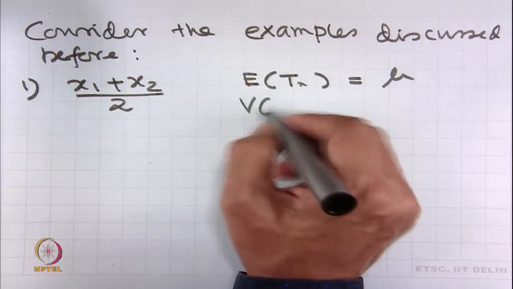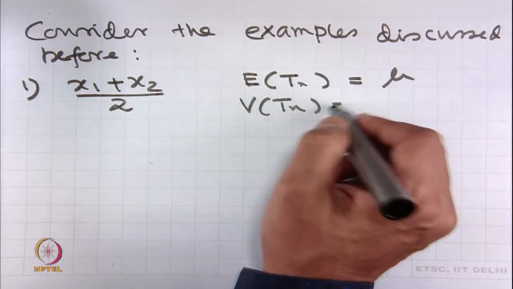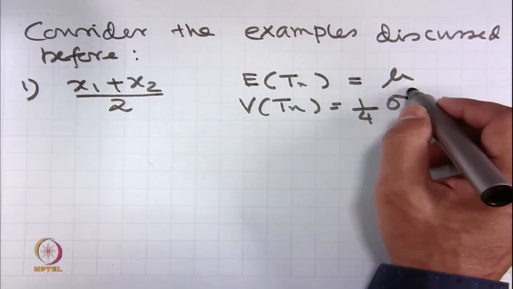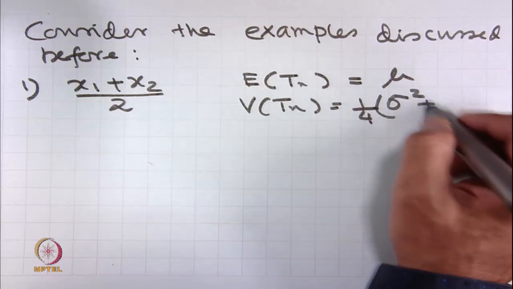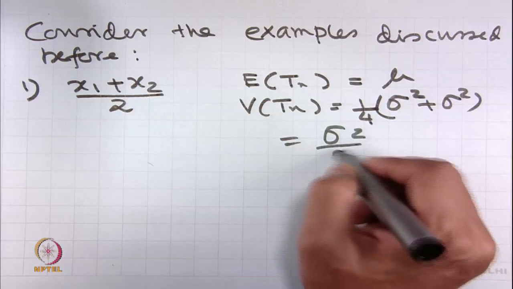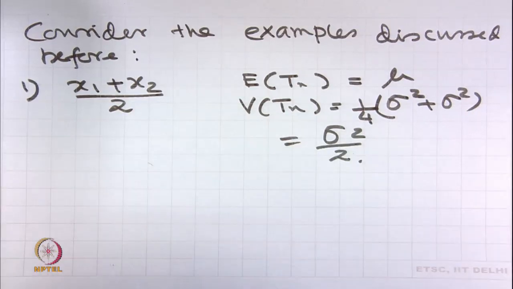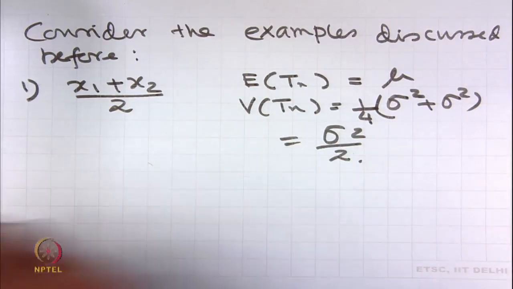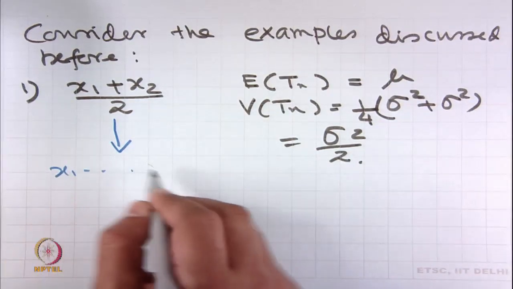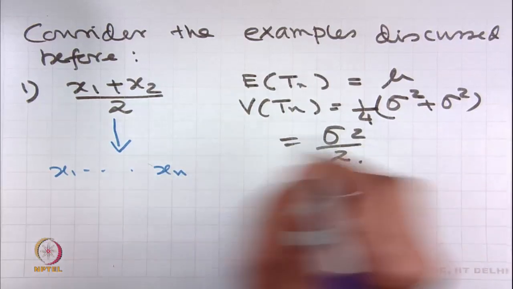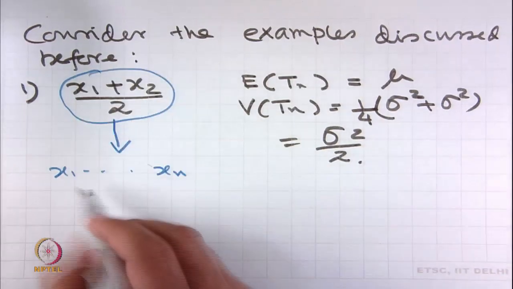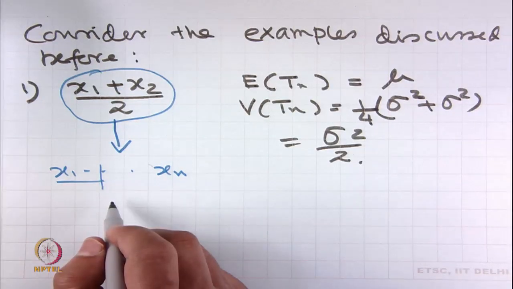And the variance of T n is equal to 1 by 4 sigma square plus sigma square, which is sigma square by 2. First, you notice that even if we have chosen samples x 1 up to x n, we are trying to estimate the parameter on the basis of only the first two samples.